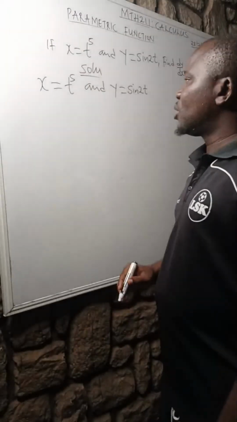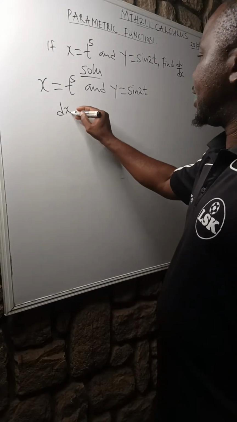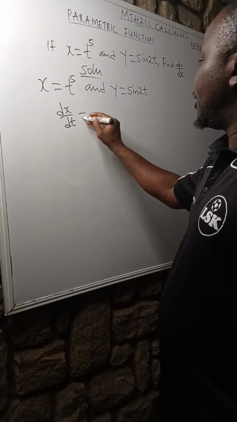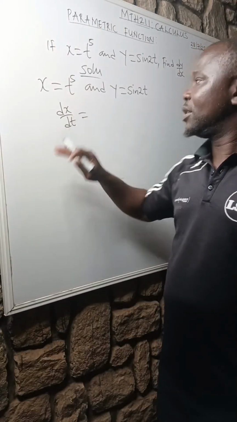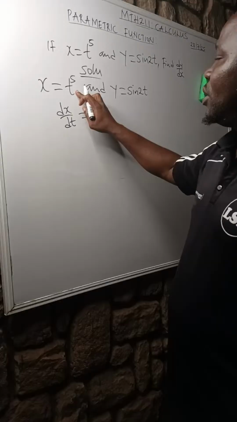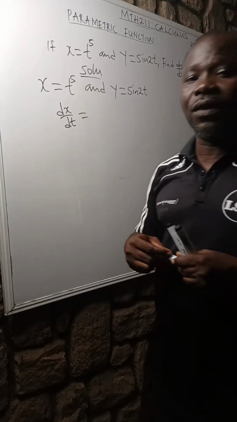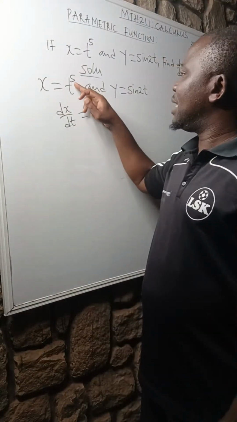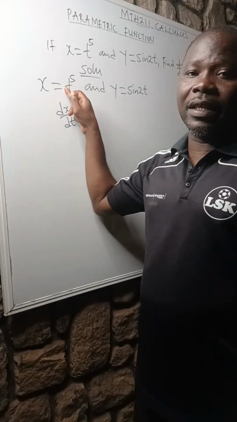What we need to do is obtain our dx/dt. It means we have to differentiate this function with respect to t, true or false. By the differentiation formula, this is our n, and a here is an invisible 1.